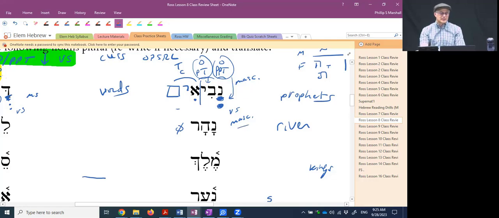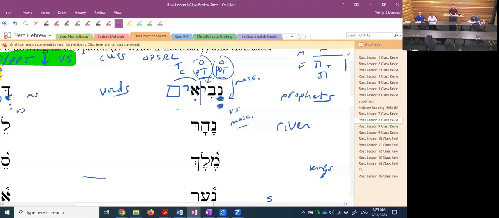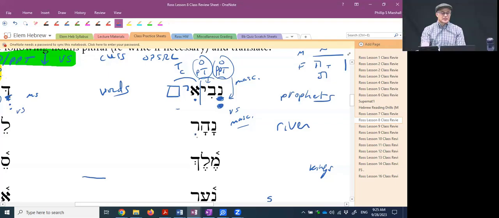Since it has zero ending here, I'm going to use the standard masculine plural im ending. But I just wanted you to see that you might sometimes see ot on the end of this. Where do I add the hireq yod of im? On the resh. Yeah, I put the hireq under the resh, and then the yod and then the mem.